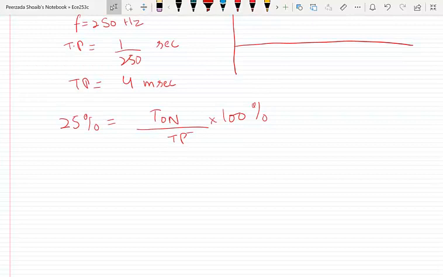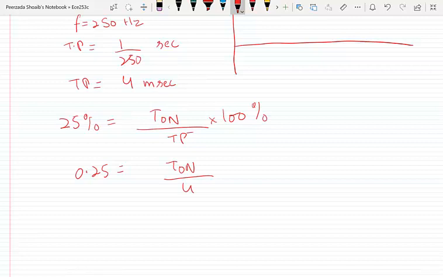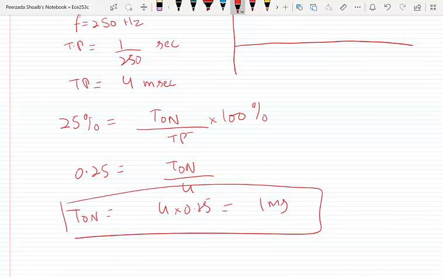Cancelling 100 and 100, we get 0.25 equals T on divided by 4 milliseconds, or T on equals 4 into 0.25 milliseconds, that is 1 millisecond. T on is 1 millisecond, and for the rest of the time it is off, that means T off will be 3 milliseconds.